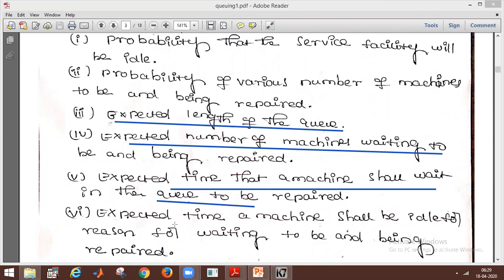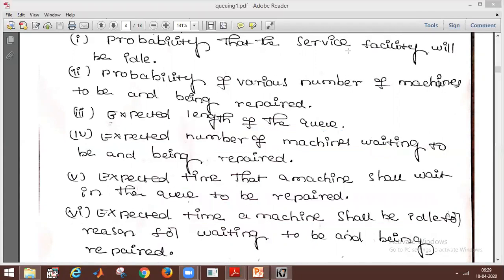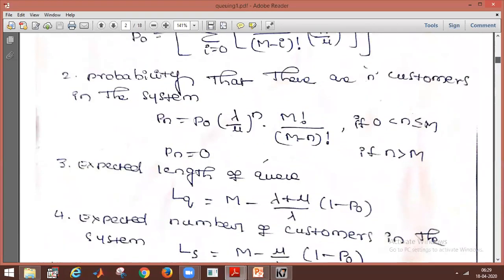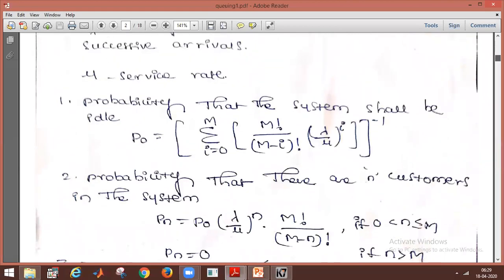Next, the expected time a machine shall be idle waiting to be repaired. So 6 questions will be asked, and all the formulas will be explained using the above method.